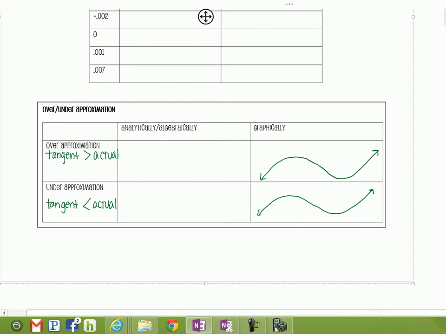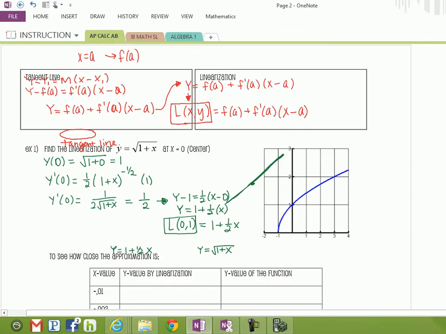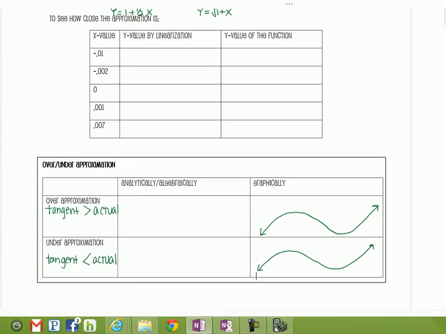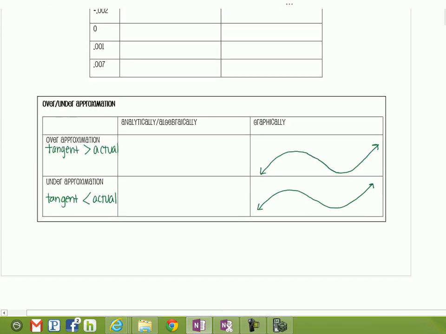And what I want you to notice is, if I draw a tangent line, let me change my color here, if I draw a tangent line here, do you notice that the tangent line is on top of the curve? What I mean by that is, pick an x value right here. This y value on the blue tangent line is higher than the blue point on the curve. What that means is the tangent's above.